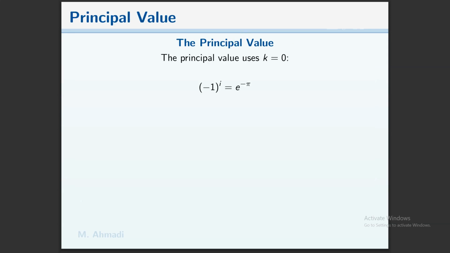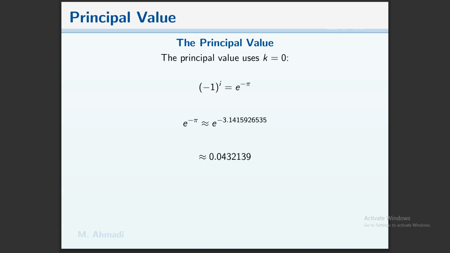The principal value uses k equals 0. So if we assume k equals 0, then minus 1 to the i equals e to the minus pi, which is approximately e to the minus 3.14159265, approximately 0.043239.